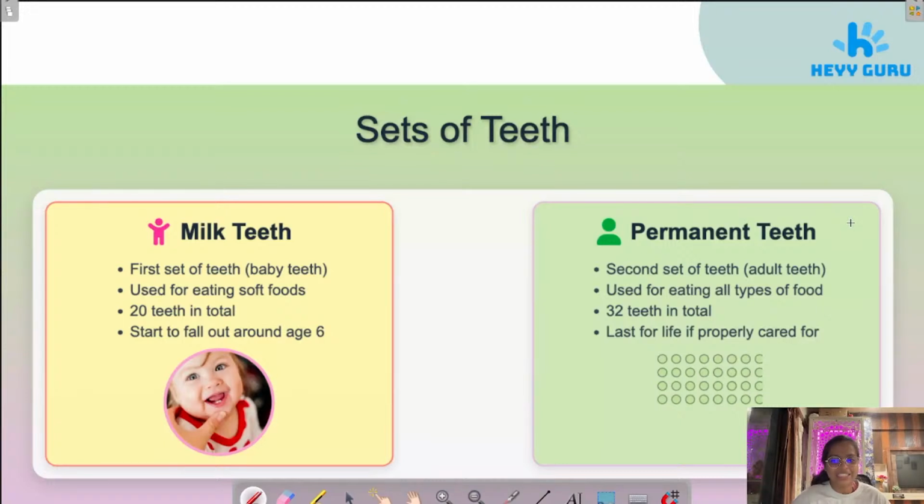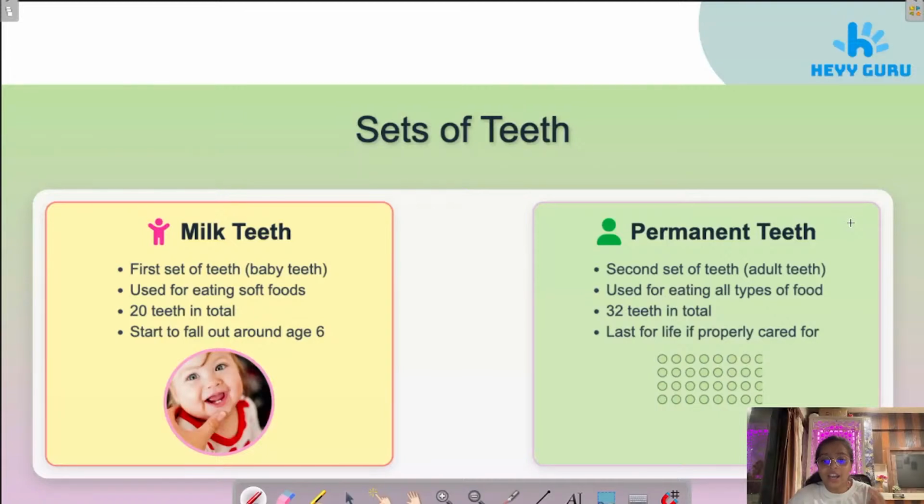Do you have milk teeth right now, or have all your teeth fallen? Yes. Okay.